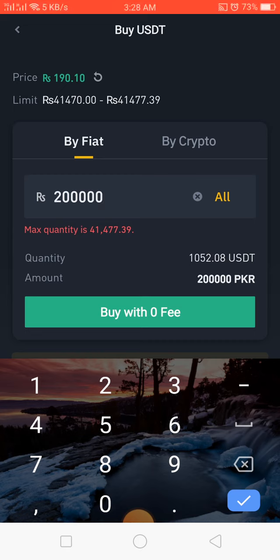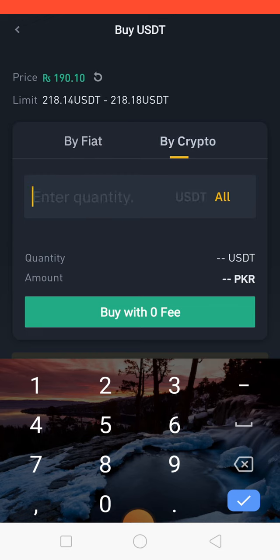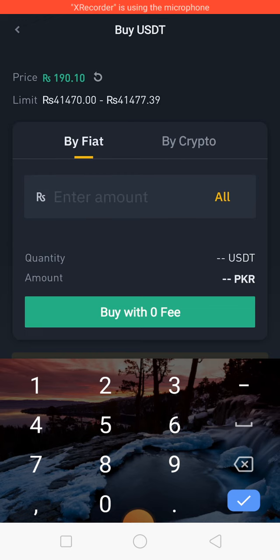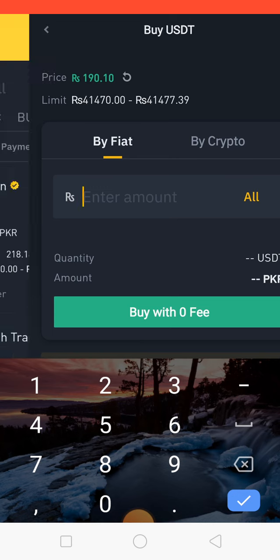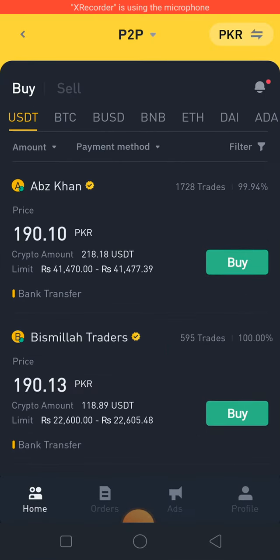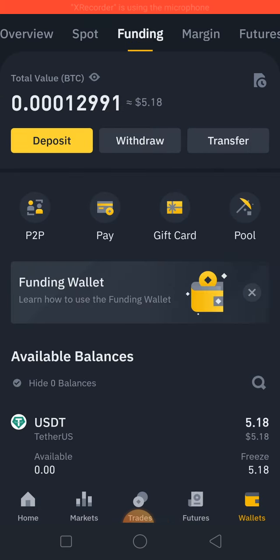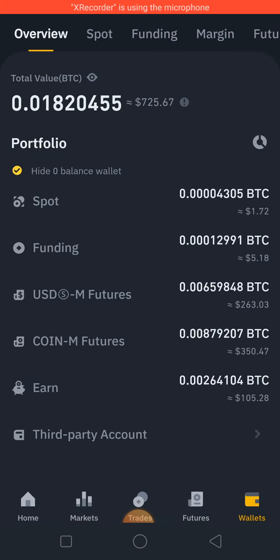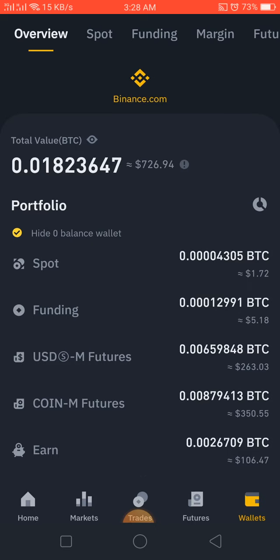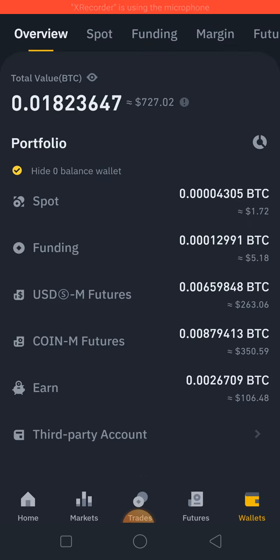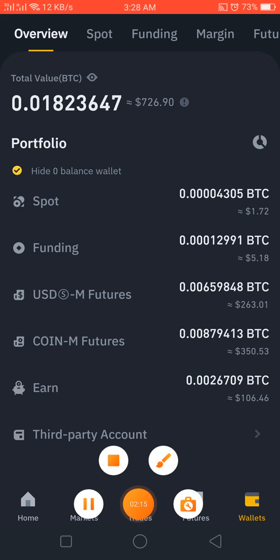I do not have enough money, that's why I cannot buy here. When you buy the USDTs, they will come into your wallet overview. Here these dollars will be shown on your overview. Then you will go to your spot wallet.